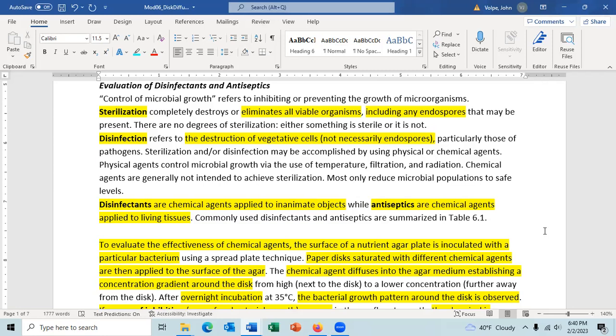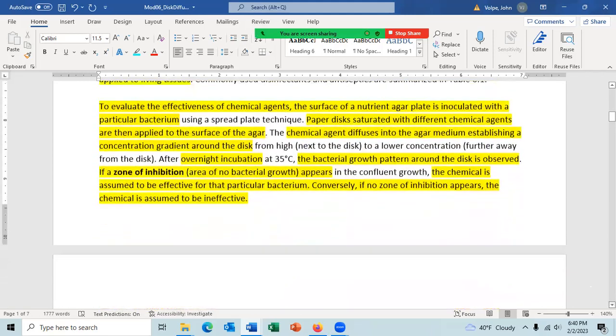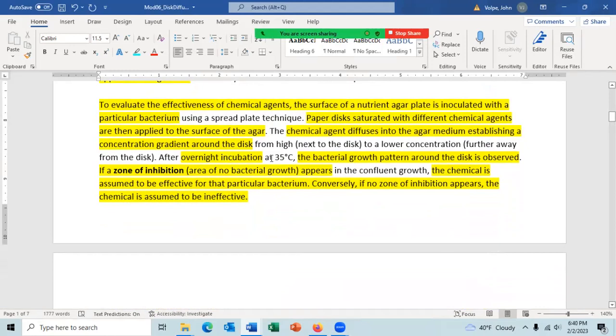To evaluate the effectiveness of chemical agents, the surface of a nutrient agar plate is inoculated with a particular bacterium, usually the bacterium you want to test. Paper discs saturated with different chemical agents are then applied to the surface of the agar. The chemical agent will diffuse into the agar medium, establishing a concentration gradient around the disc. You then grow the bacteria on the plate overnight at 35 degrees and look at the growth pattern around the disc.